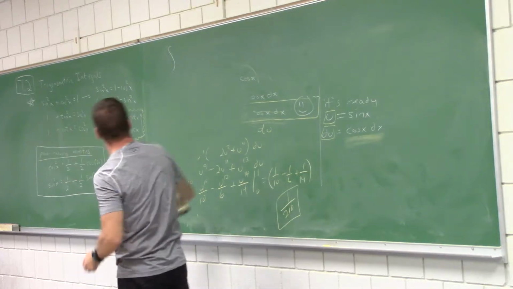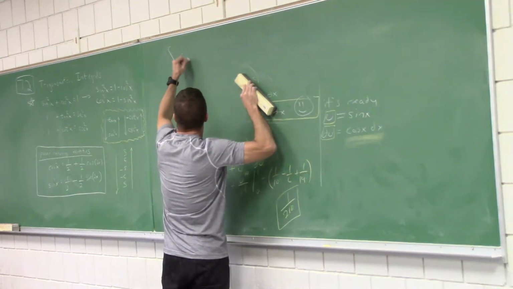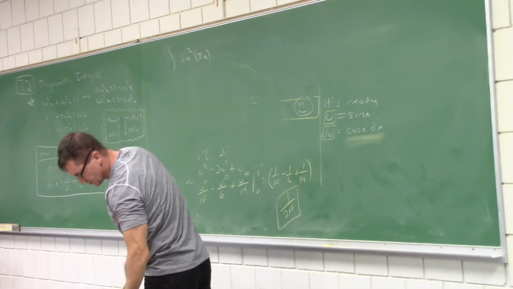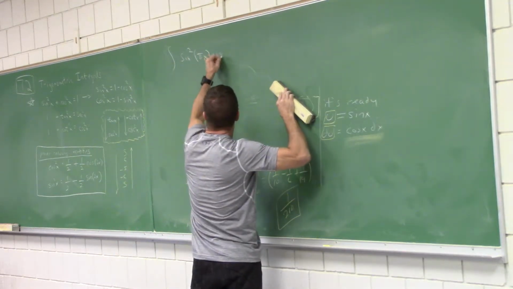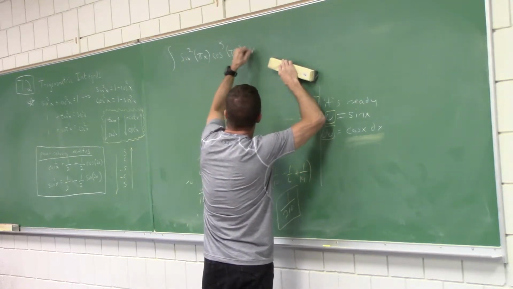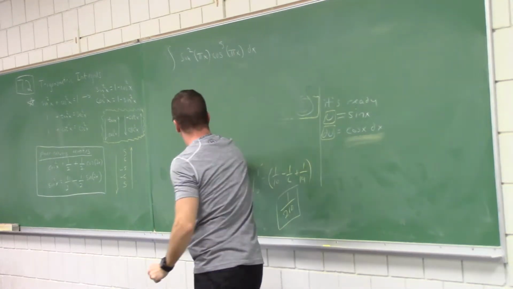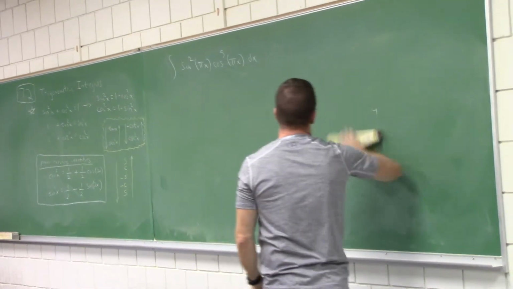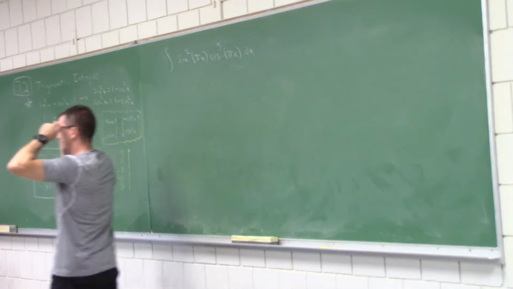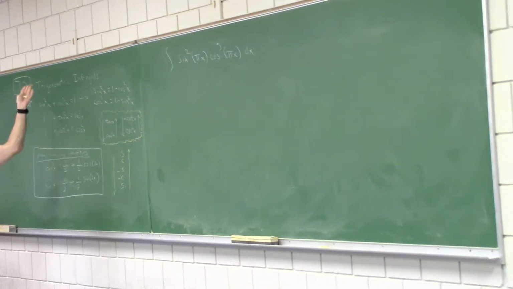Sine squared of pi x, cosine to the 5th of pi x dx. Well, it looks like, and this one's an indefinite integral, it looks like something very similar.